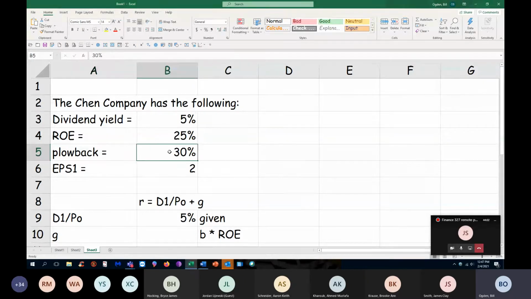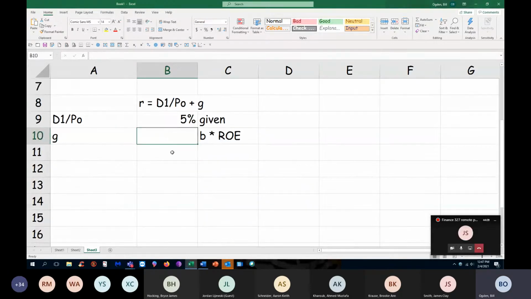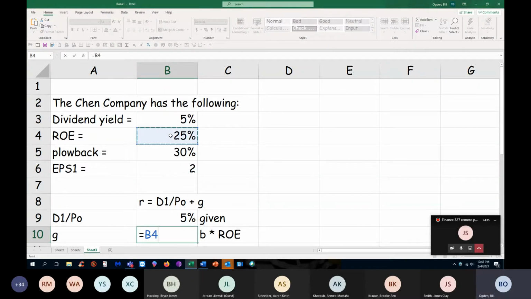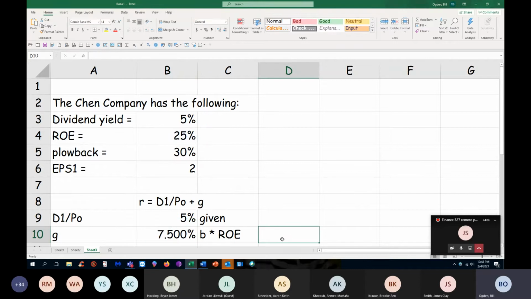So B is 30%. ROE is 25%. So we have a very straightforward calculation to find G. 25% times 30% is 7.5%. So we'll just make a note of this.